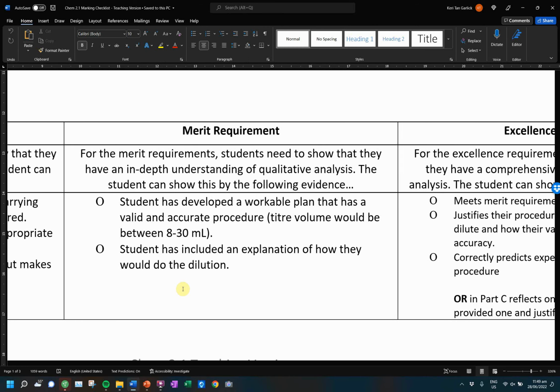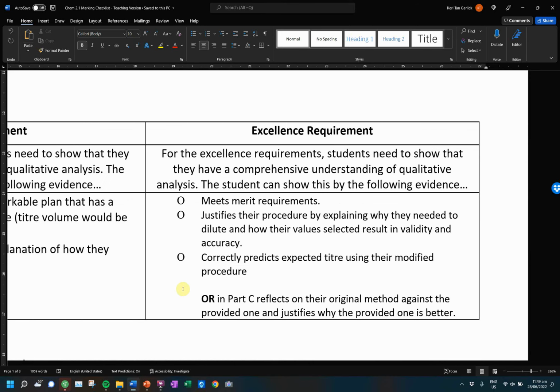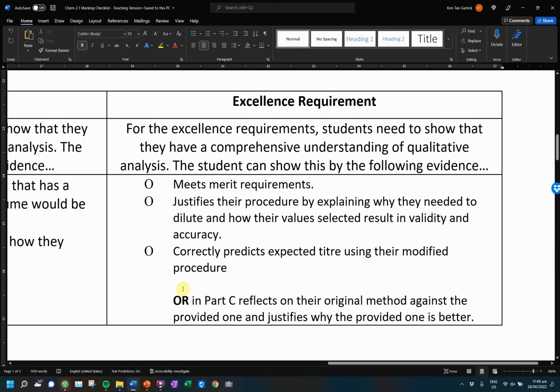All right, the excellence component was that justification on the back, explaining why you need to dilute and how your method is valid and accurate. If you mucked up the justification, the good news is you can still get excellence because you can talk about it in part D, actually.